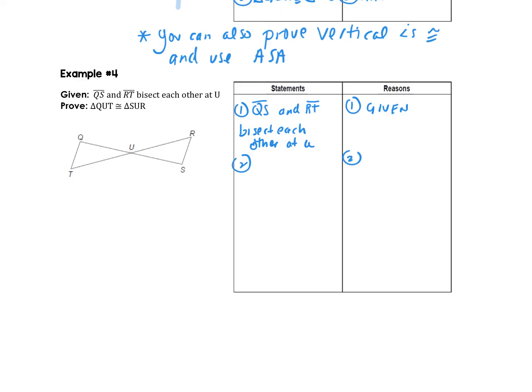So we have line segment QS, line segment RT. You can see that they intersect at U, and they're bisecting each other. So they each go through the midpoint of the other one. So QU will be congruent to SU, and TU will be congruent to RU. And that's by definition of a segment bisector.